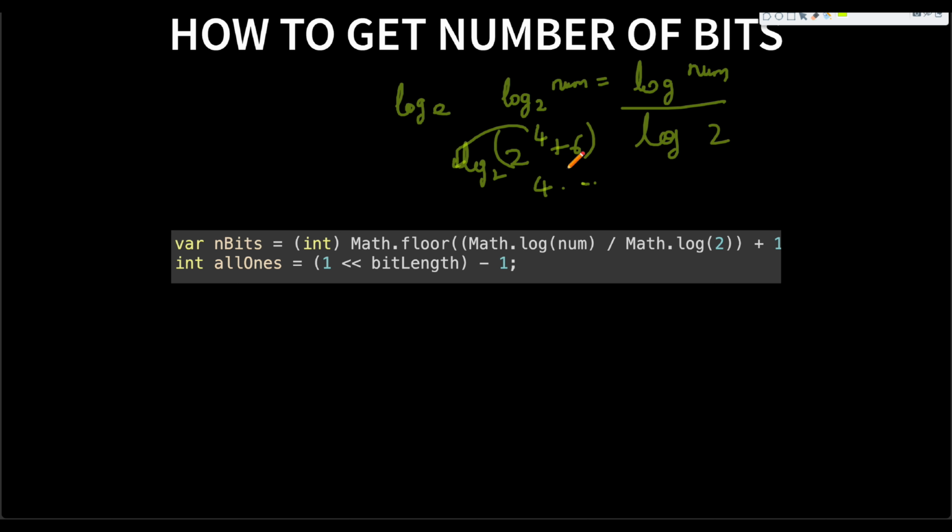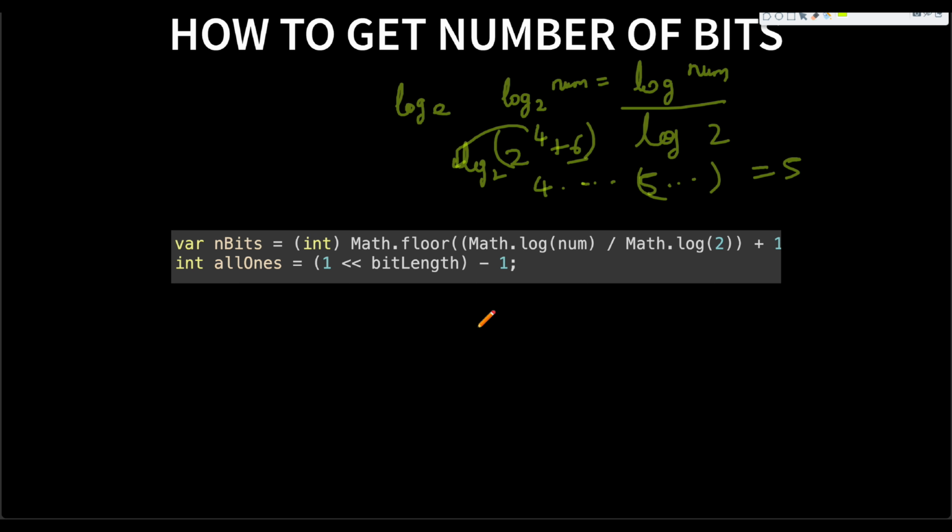So logarithm of 6 will give us some more value, so that's why it will be approximately 4 plus something, and to be precise it's around 4.46. And now we add 1 to it, so we will get approximately 5 point something. And now if we take floor of it, we will get 5, which is number of bits set in it.